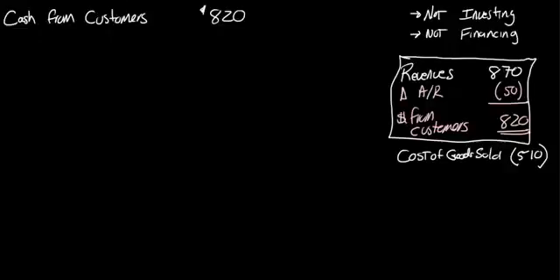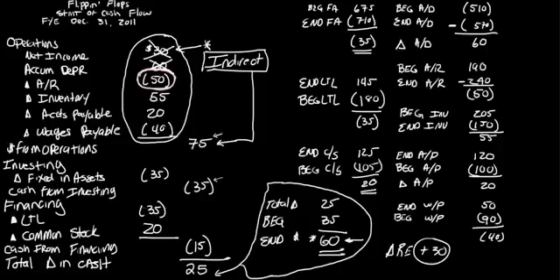What accounts relate to cost of goods sold? When we did some earlier activities, we found that there are two: primarily the change in our inventory account, and the change in our payables account. Our change in inventory is a positive 55, and our change in payables is a positive 20.